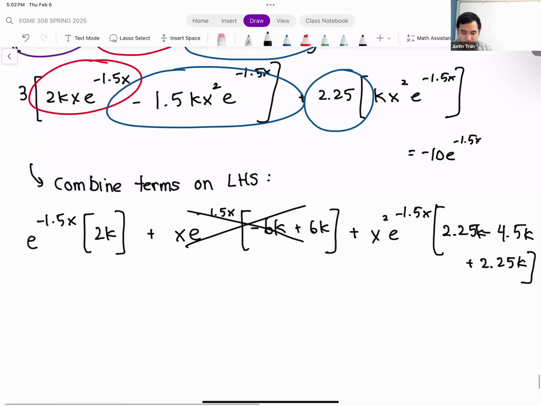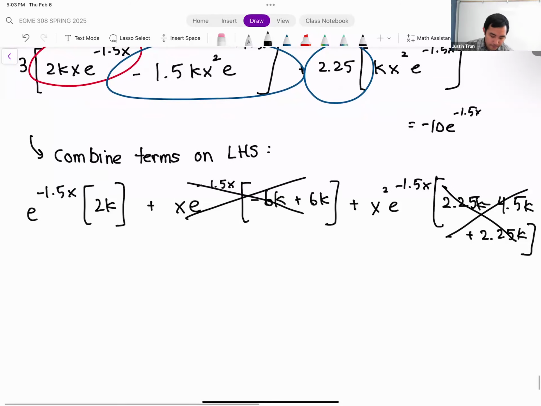So you have 2.25k minus 4.5k plus 2.25k. Adding them up, they are equal to 0. So that cancels out too, which is good as well. Everything is coming together.